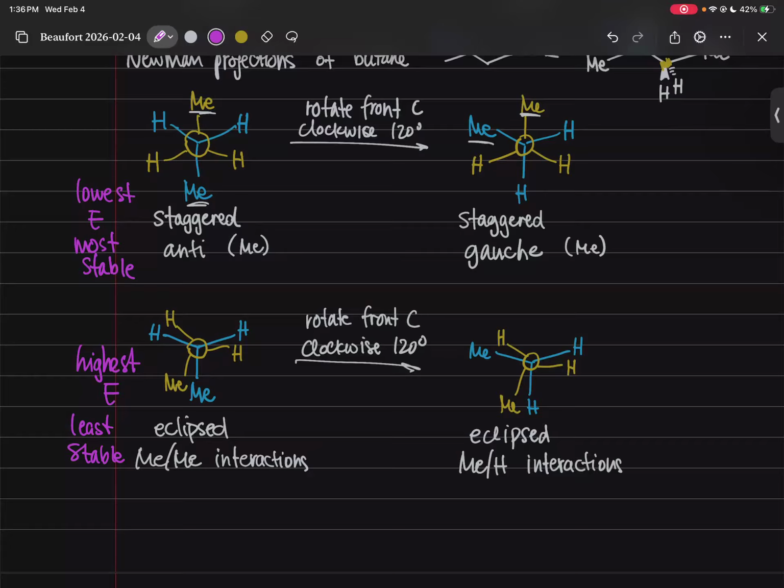The methyl groups are the same distance apart, 60 degrees. So that doesn't matter. What does matter is that the hydrogens in the eclipsed are crashing into things, and in the gauche they're not. So this is the second lowest energy.